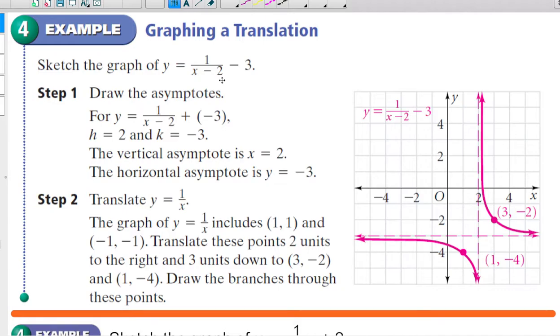Students have done that successfully, but you just have to remember that your asymptote has gone 2 units to the right, so you need to pick x values to the left of this vertical asymptote, and values to the right of that vertical asymptote, and that's going to help you get your branches drawn out of this hyperbola.